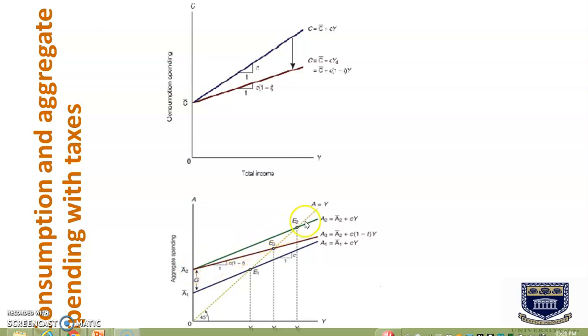However, if we compare A2 with A3, we can see that there's been a pivot or swivel downwards as a result of the slope of the curve changing with the inclusion of the tax rate. Thus, we now have our equilibrium level of income being Y3, lower than before.